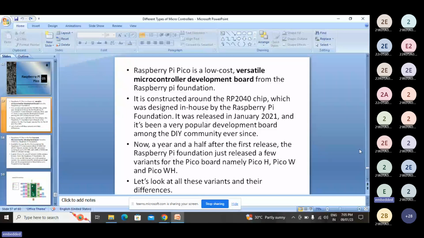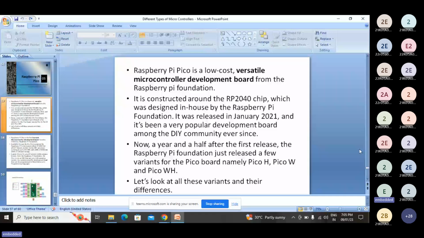It is constructed around the RP2040 chip, which was designed in-house by the Raspberry Pi Foundation. It was released in January 2021, and it's been a very popular development board among the DIY community ever since.